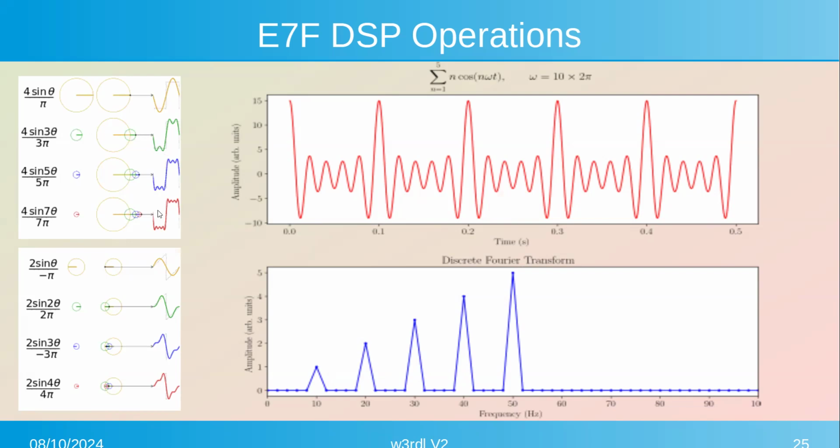So these are like the coefficients of generating a square wave. So you have each of these frequencies at different amplitudes. That's where the coefficients are coming in. And you sum them all together and you get this square wave.